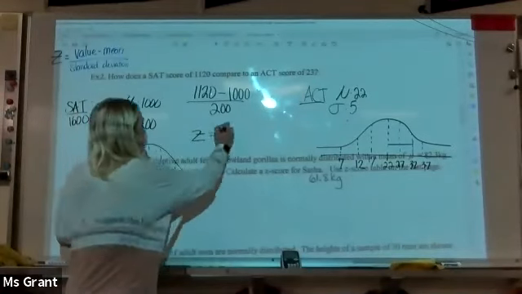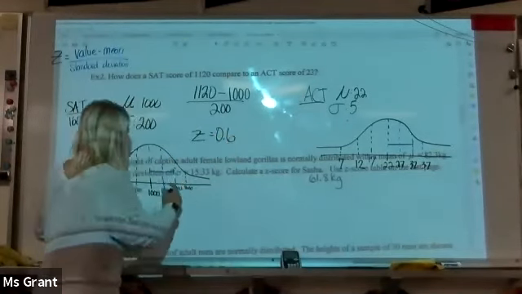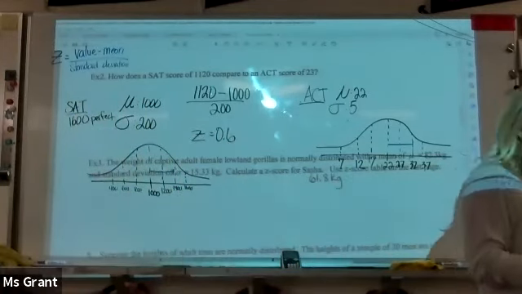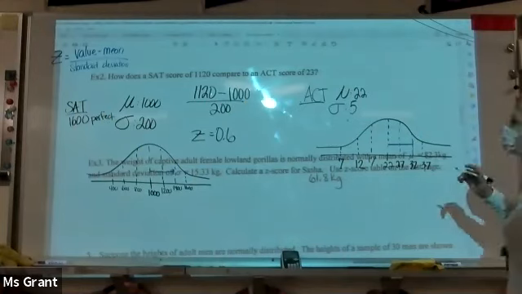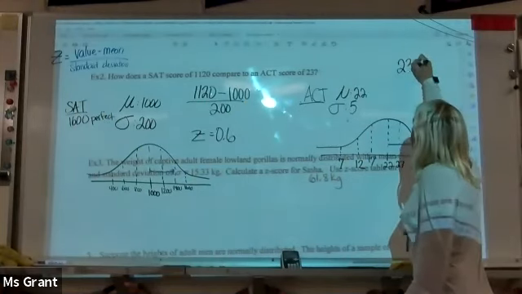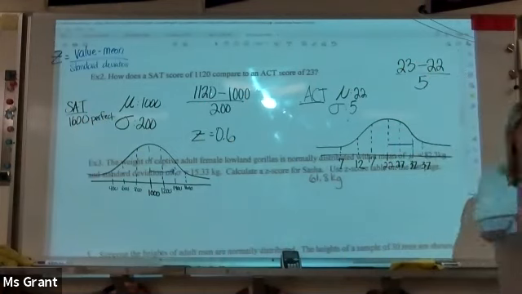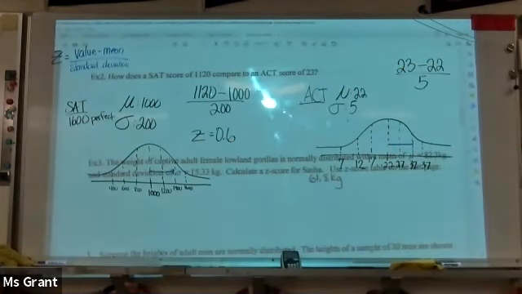0.6. That's not very much above the average. Now, an ACT score of 23. 23 minus the average divided by the standard deviation. You have that one ready? Give me like 5 seconds so people can try it. So 23 minus 22 divided by 5.